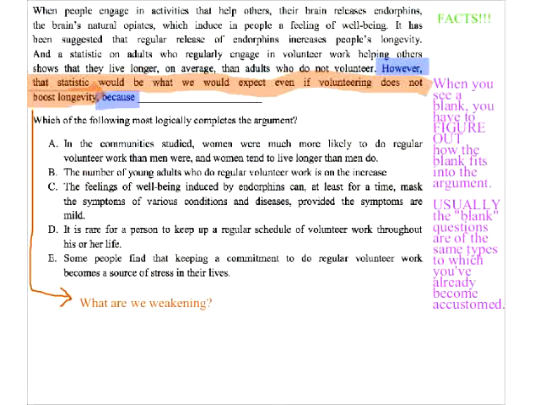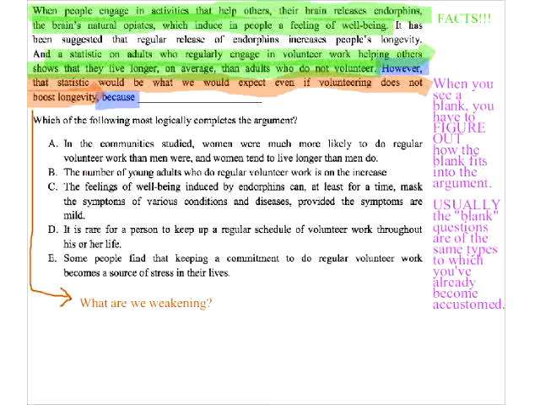Facts are facts are facts. If something is a fact, you're done. You can't question it. So this is stated as a fact. So it is a fact. This is another fact. Like, these people really do live longer. That's not something you can question.